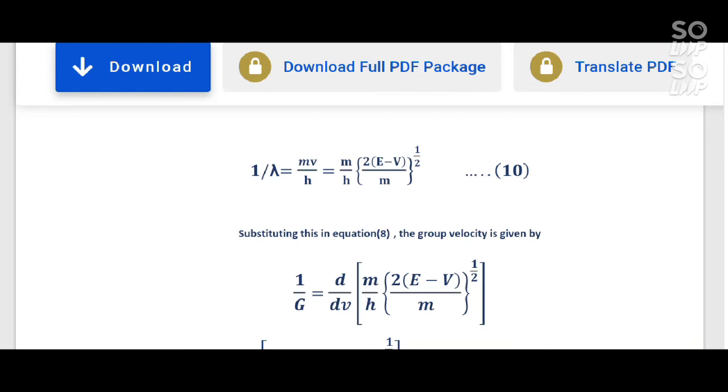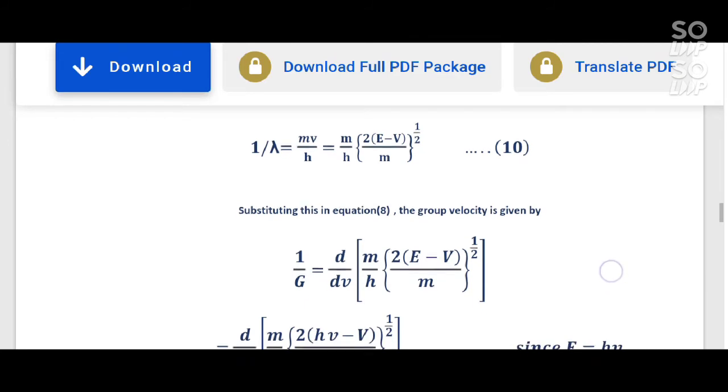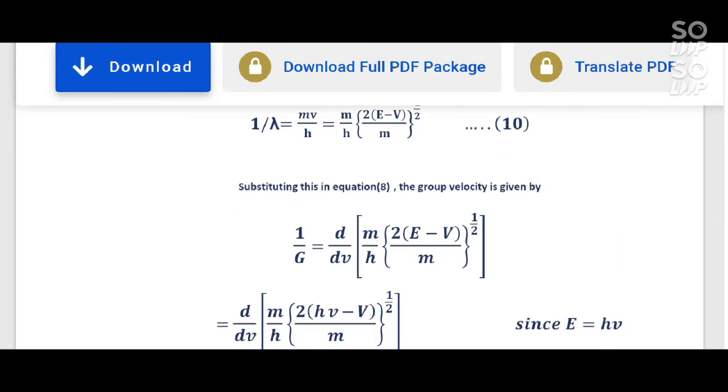Substituting this in equation 8, the group velocity is given by 1 by g is equal to d by d nu of [m by h into (2(E minus V) by m) to the power 1 by 2].